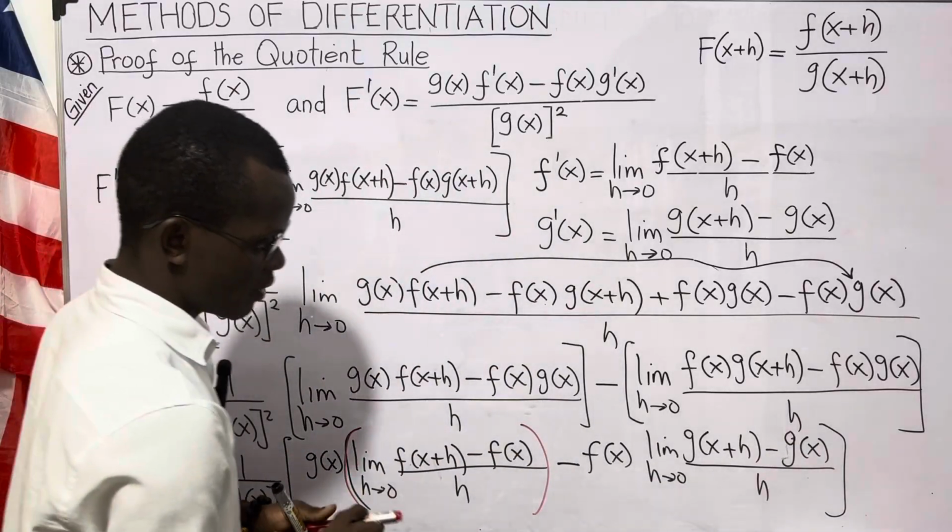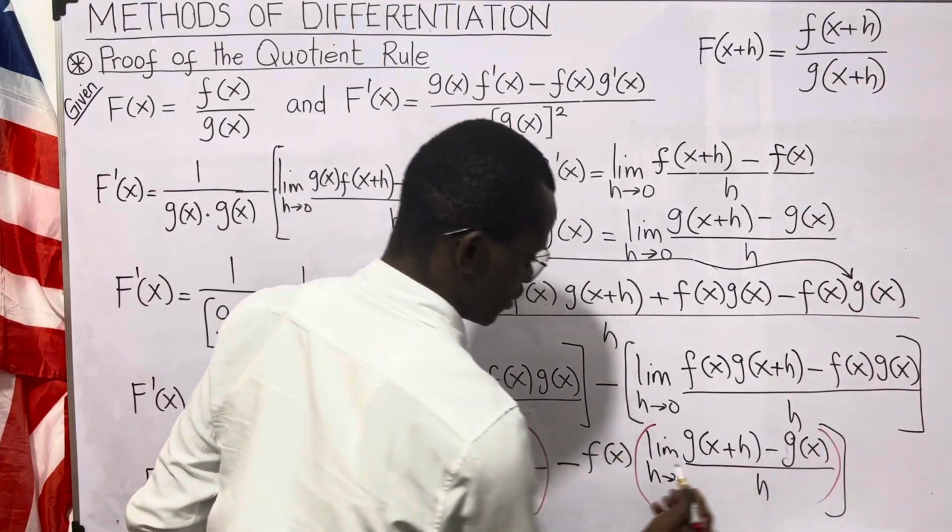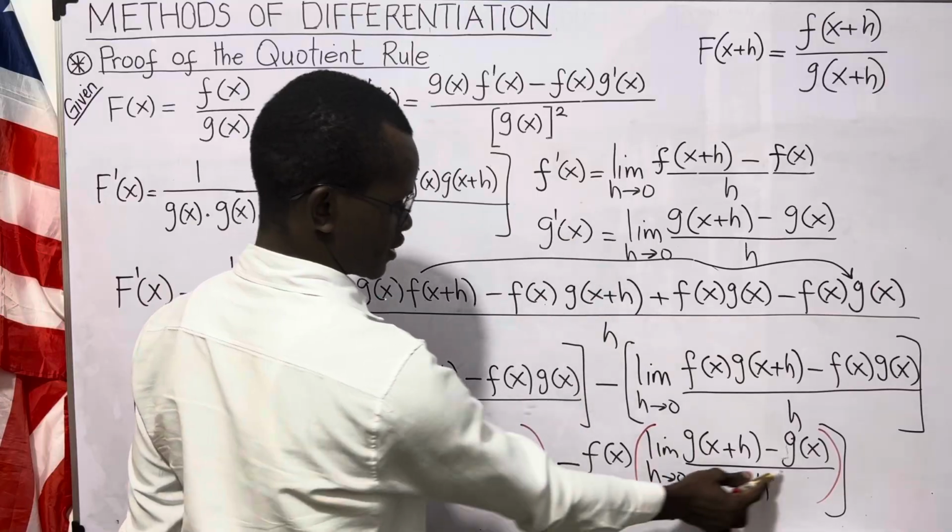So again, what am I going to see on this side? I'm going to have g prime of x.